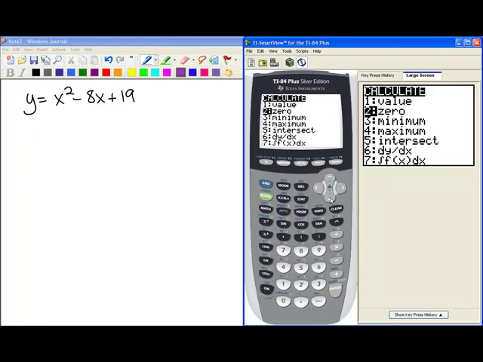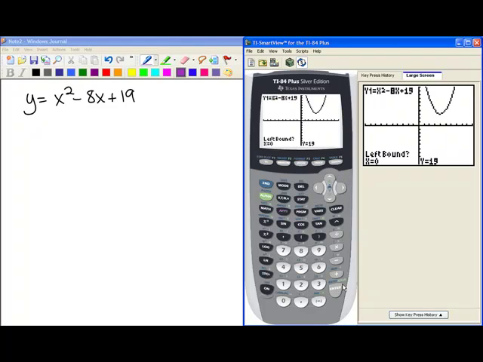I'm going to go down to number 3 and choose minimum. And then I need to do a few things and give it some boundaries so the calculator will be able to find it.